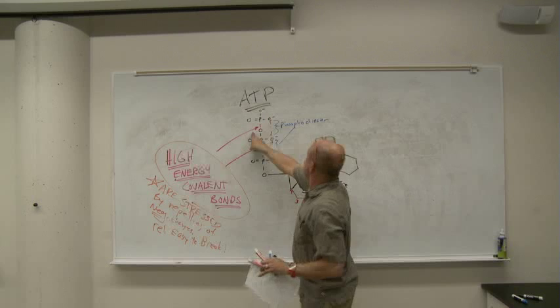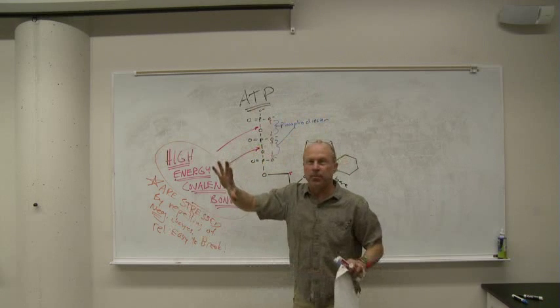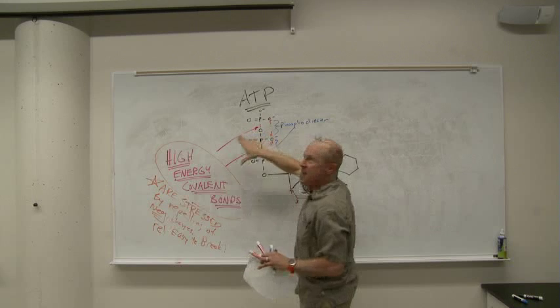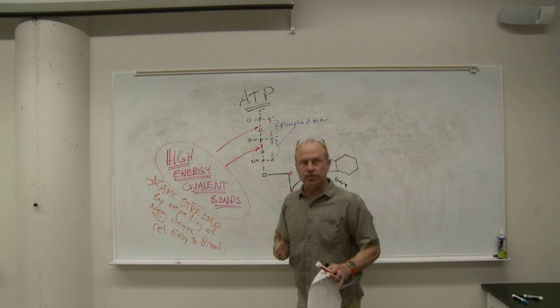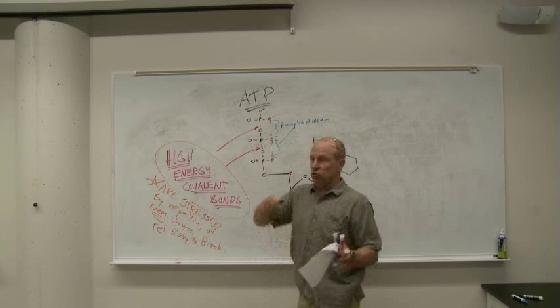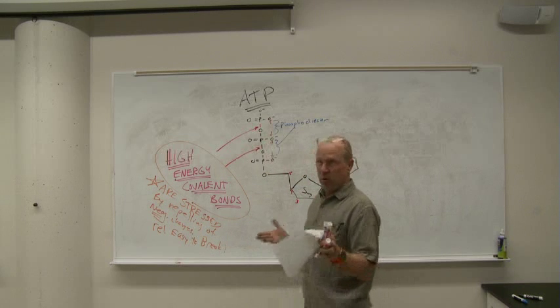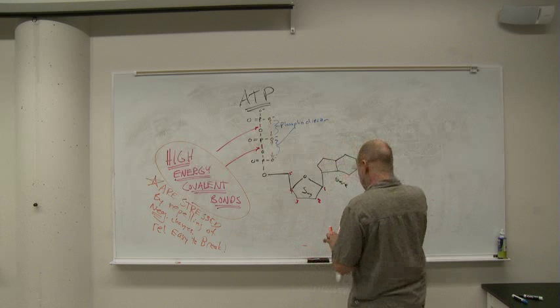So this can break down and give off a phosphate group and give energy to a system. It will be transformed into doing work or becoming another bond, or as part of a reaction. It's that kind of stuff.